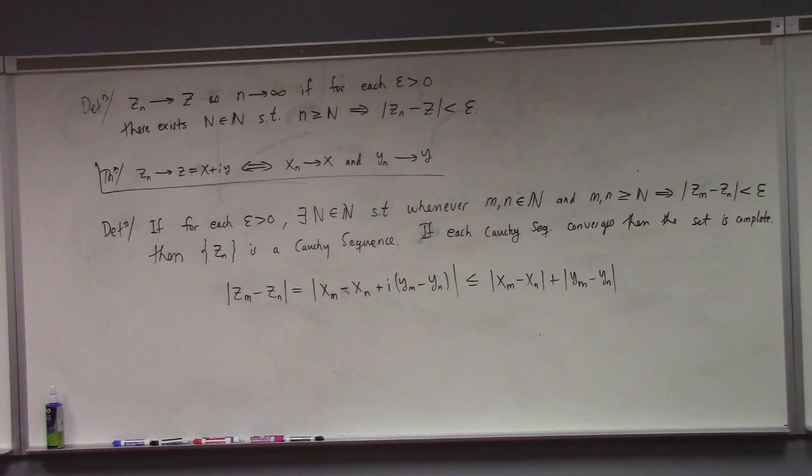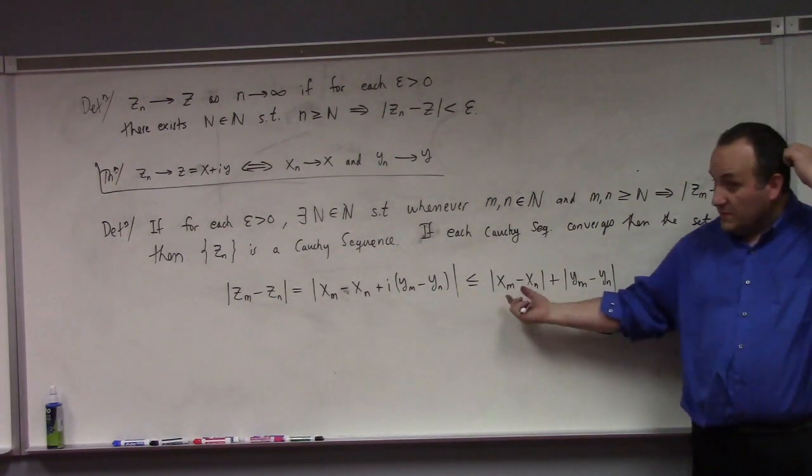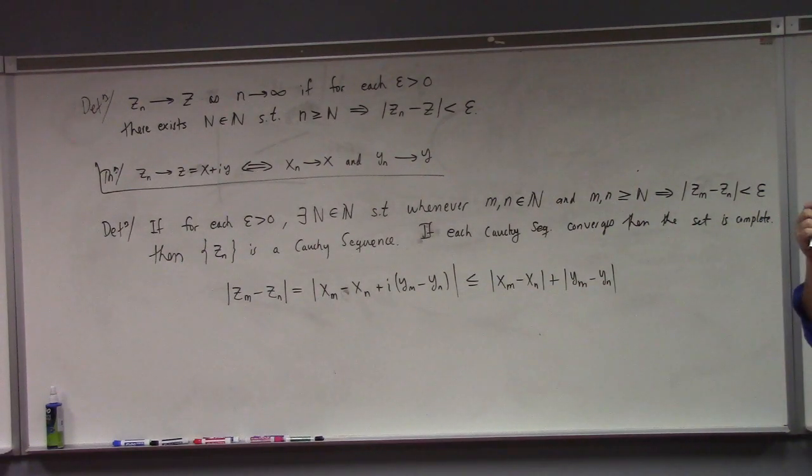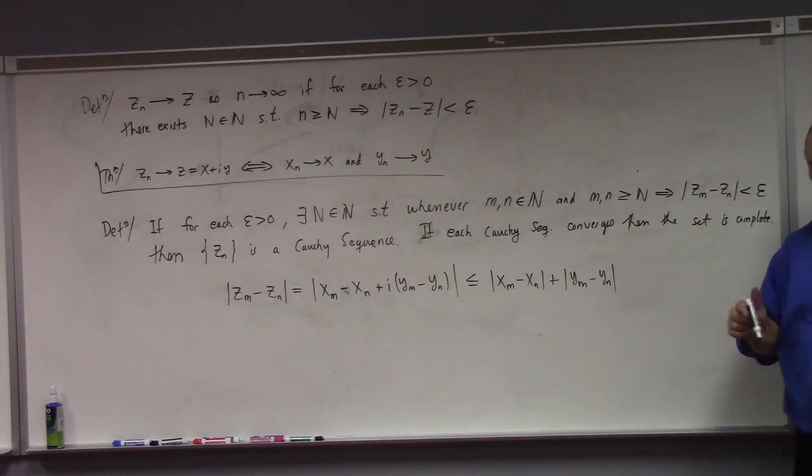And the thing is, you can control these. Why? You can control those because you know that the real numbers are complete. So if you have a Cauchy sequence of real numbers, it automatically converges. This is known from real analysis. So we can use that result to prove completeness of the complex numbers because of this estimate.